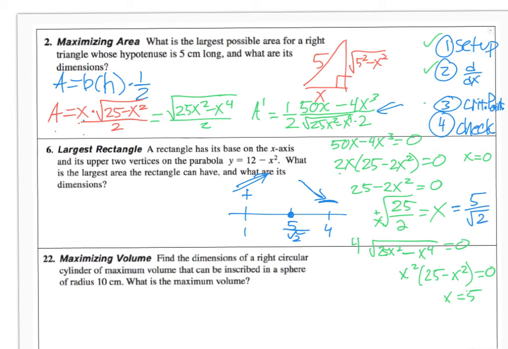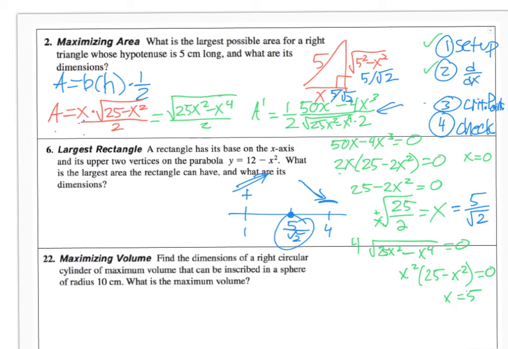I've got a maximum x value of 5 over the square root of 2, which you might recognize as being a 45, 45, 90 right triangle, which means my other dimension would be 5 over the square root of 2 as well. Looking at the dimensions of a right circular cylinder, I just want to think about this.